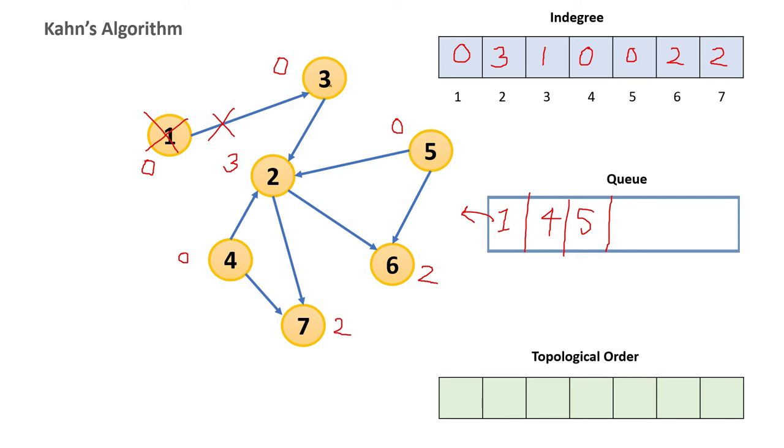The same thing we have to update in this in-degree array. This in-degree array is just a representation of whatever I am showing here. To save some time, I am not showing it in the in-degree array, but in actual programming, this in-degree array operation will happen in this array only. For node 3, the updated value will be 0.